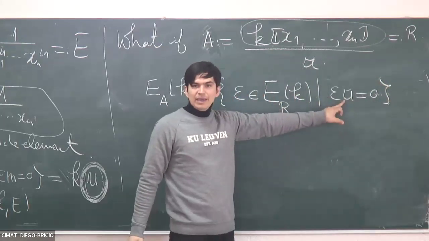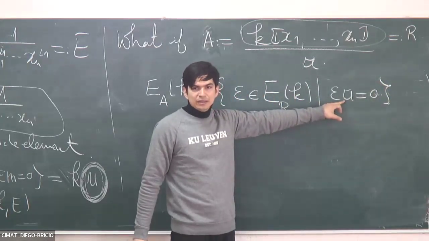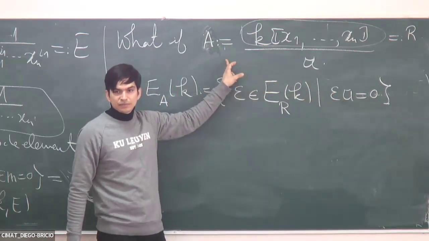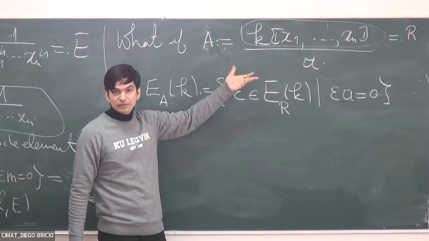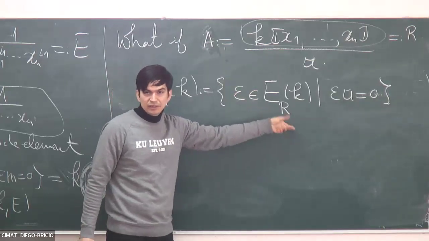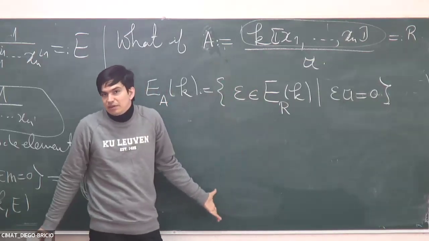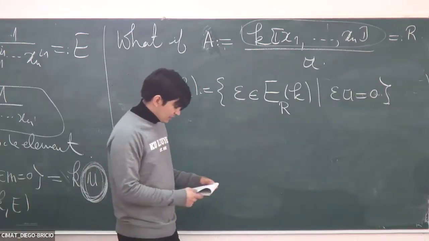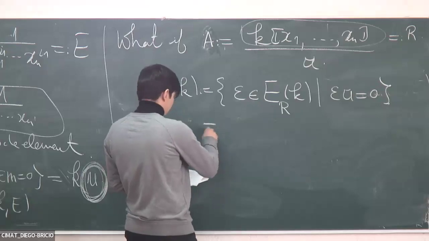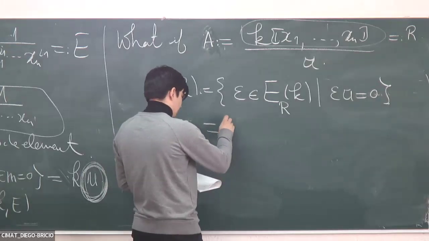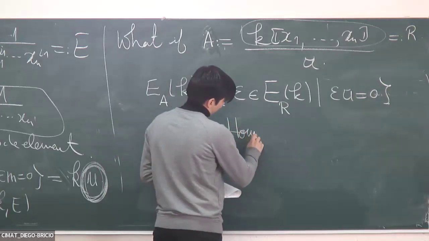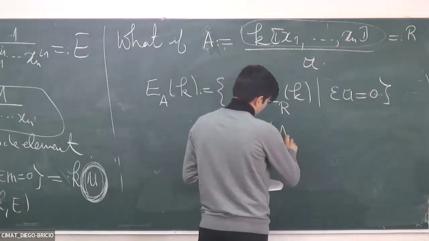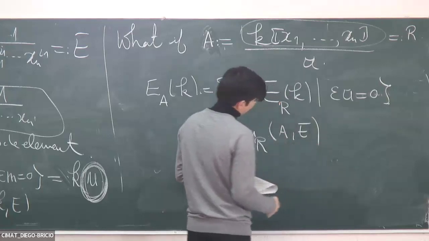Since they are killed by A, they automatically become an R modulo A module. They're an R module, they're killed by A, so they automatically have an R modulo A module structure, right? So it's going to be this, and this is none other than Hom from R modulo A to E, right?